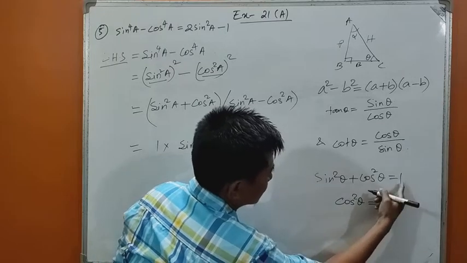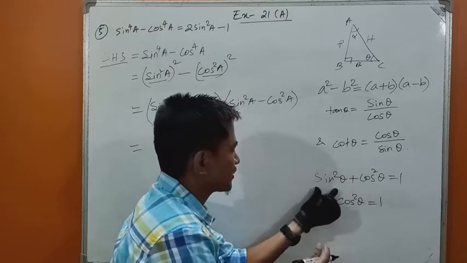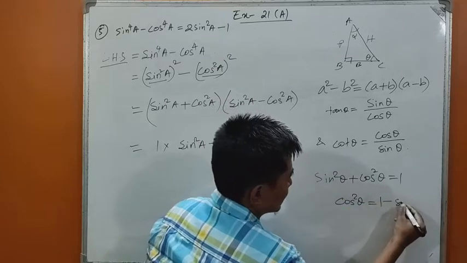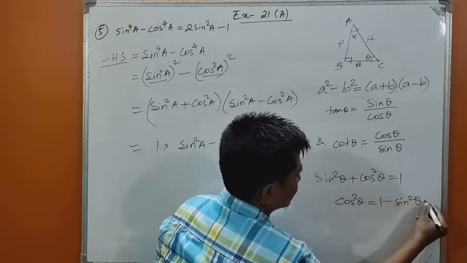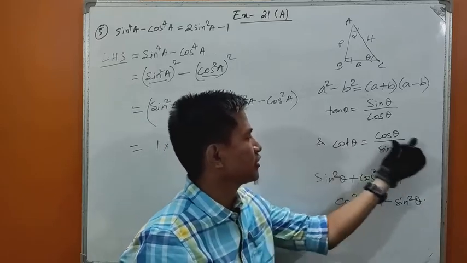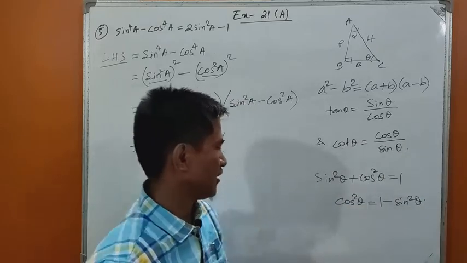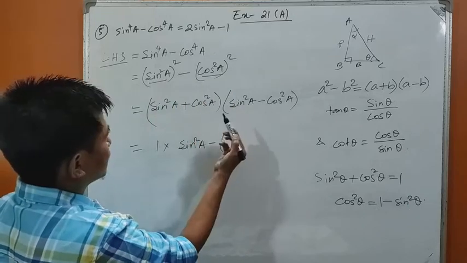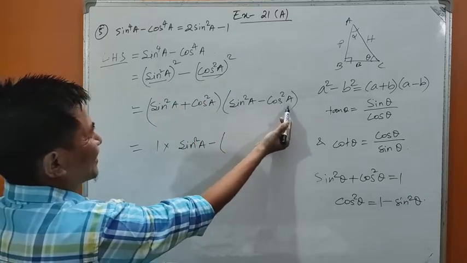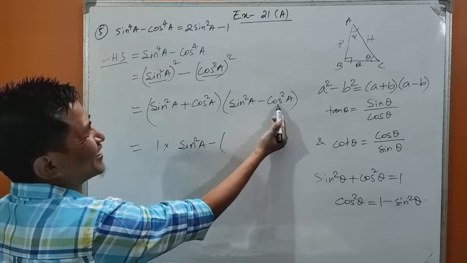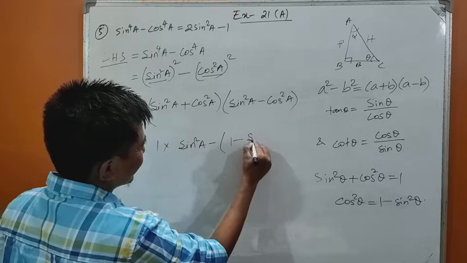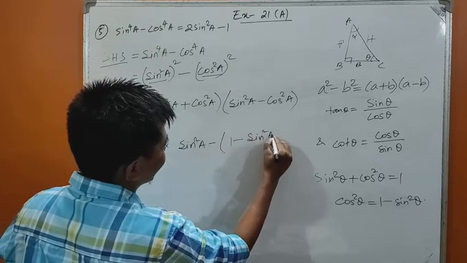Let us take this plus sin square theta to the right hand side. It becomes minus sin square theta, isn't it? So this cos square a becomes 1 minus sin square a.